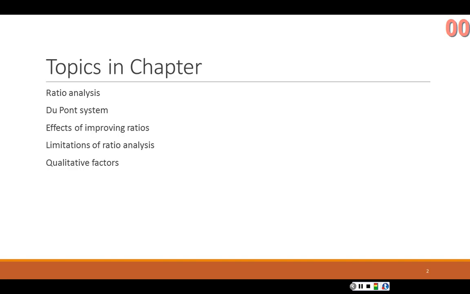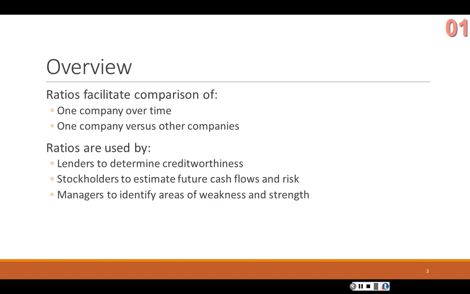So within this chapter, we're going to be looking at a ratio analysis, as well as a DuPont system, which is really a ratio analysis. The DuPont system ties together multiple ratios. Ratios allow us to compare one company versus over time, or one company versus other companies over time.